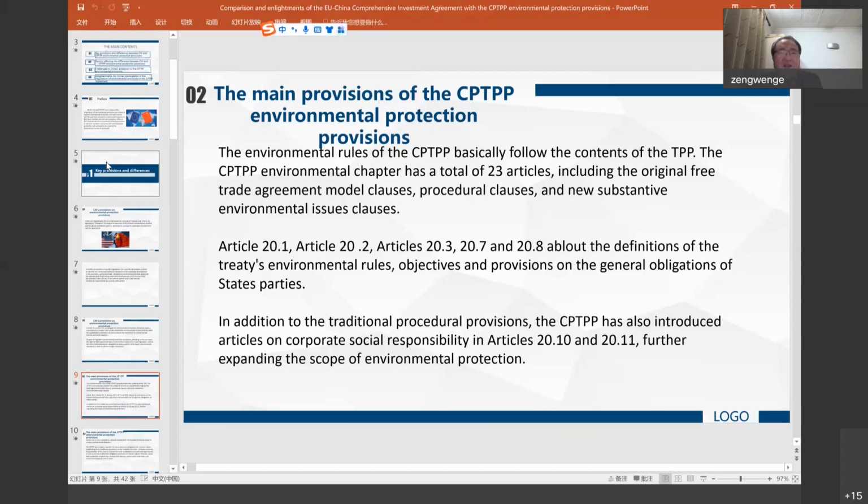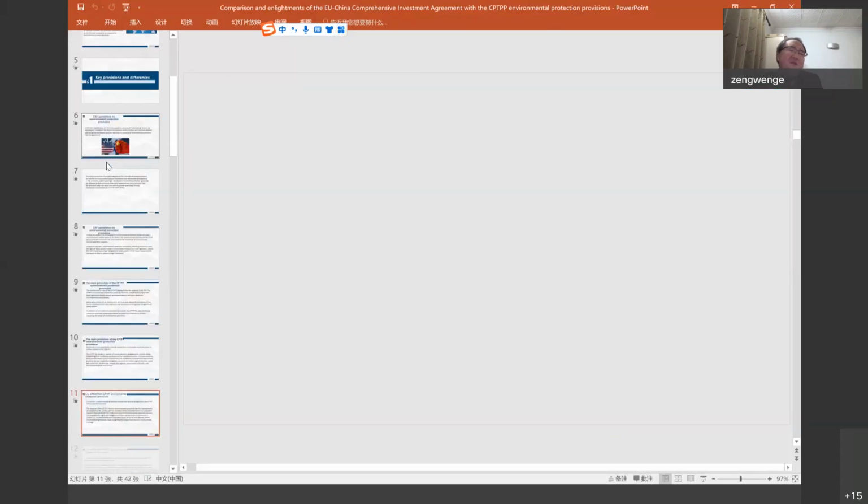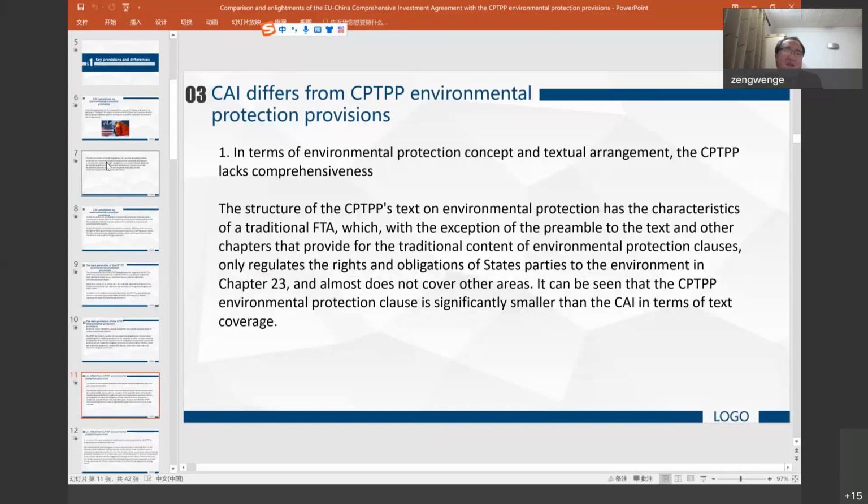Article 20, Section 1, Section 2, Section 3, Section 7, and Section 8 cover the definition of the treaties, environmental rules, objectives, and provisions on the general obligations of state parties. In addition to the traditional provisions, the CPTPP has also introduced articles on corporate social responsibility in Article 20, Section 10 and Section 11. This is different. I have just very briefly introduced how they differ.